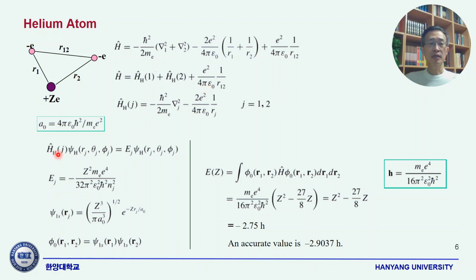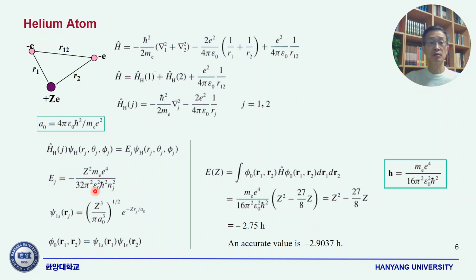And this hydrogen-like atom is solved in the previous lecture for the Schrödinger equation of the hydrogen atom. Yes, we solved that, and we know the energy is given here as a function of the principal quantum number n_j, because we are talking about electron j, electron 1 or electron 2.